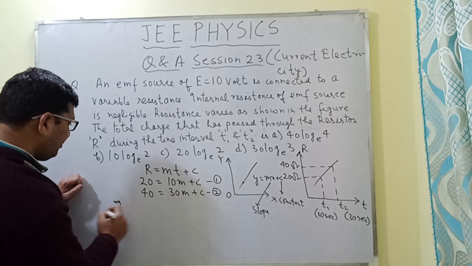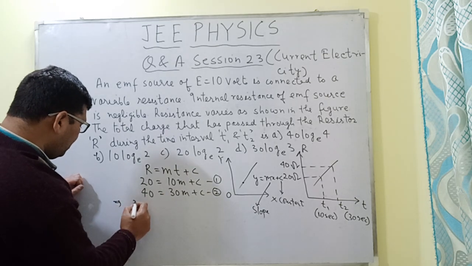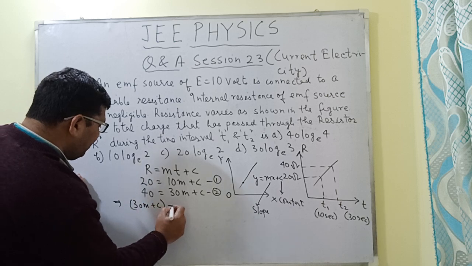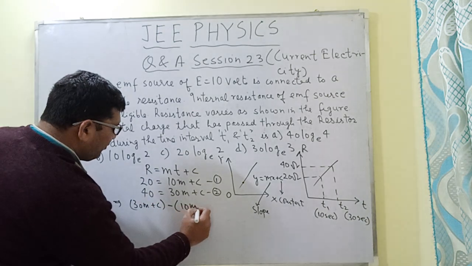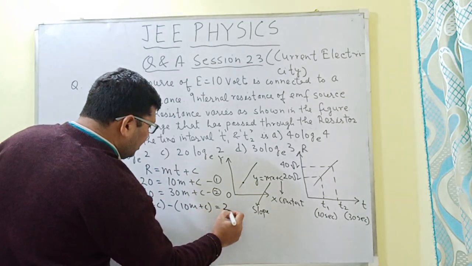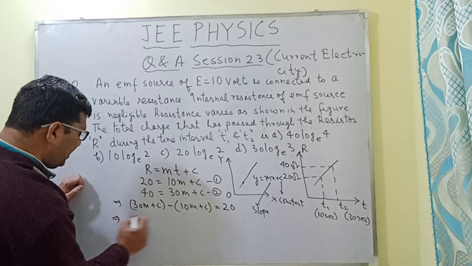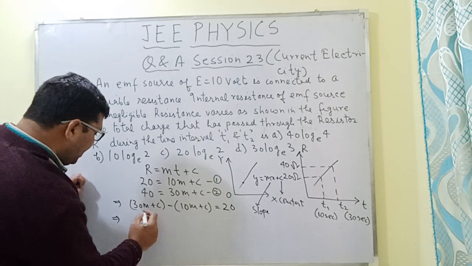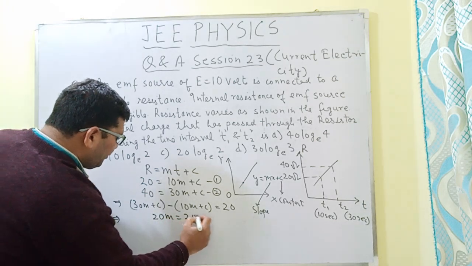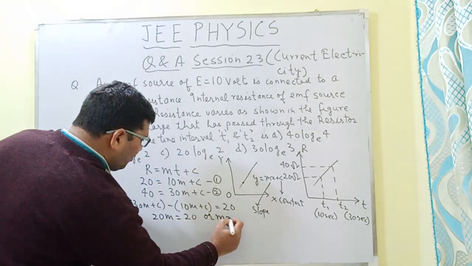Now it implies that 30 M plus C minus 10 M plus C will be equal to 40 minus 20. So C will get cancelled out, and I will get 20 M is equal to 20, or M is equal to 1.